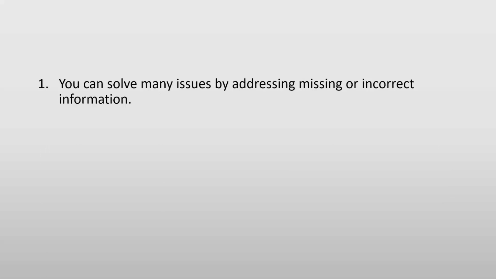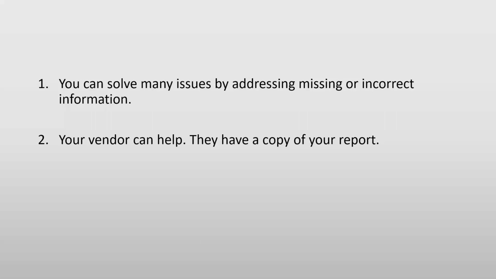Okay, so here's what you can do. You can solve many of the issues that you find in your data quality assessment by simply addressing missing or incorrect information, just filling out some information that wasn't there or making some fixes to some wrong information. Your vendor can help you with all of this process. In fact, your vendor has a copy of your data quality assessment report.